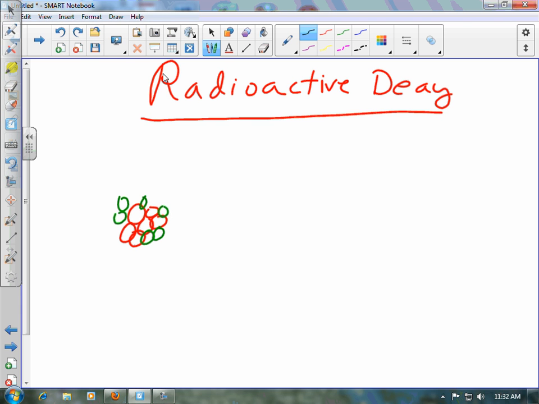One of them is the alpha particle. And the alpha particle is simply a helium nucleus. So this atom can spontaneously emit a helium nucleus. So it's got two protons, and it emits a helium-4.